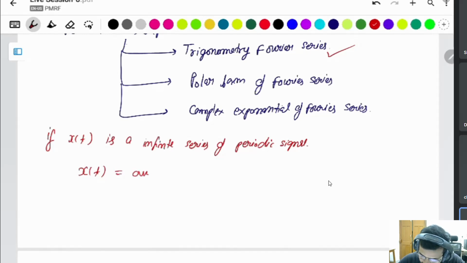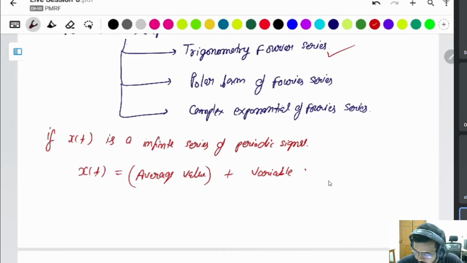The first term is known as the average value of this signal, then the harmonics. This first one is constant, and this one is a variable signal, a variable frequency signal.